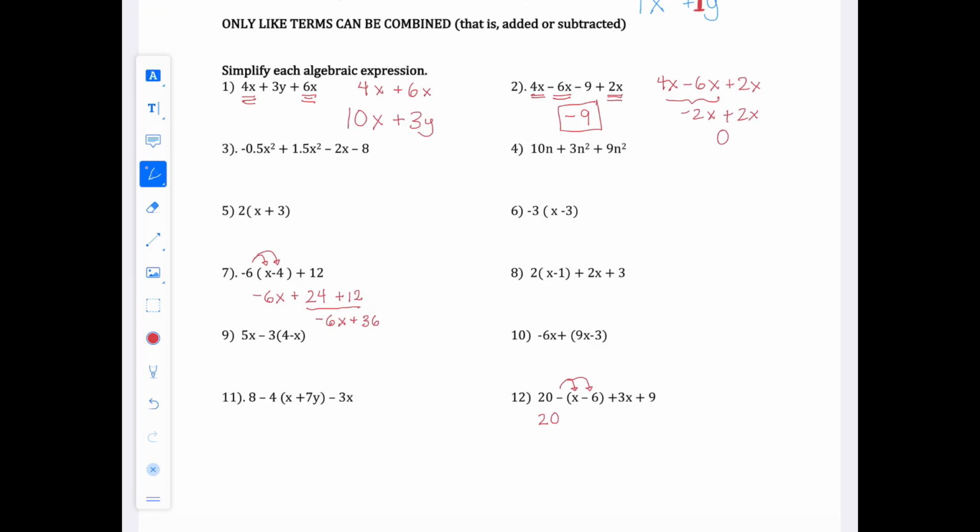That negative is the same thing as saying negative 1. So if I have negative 1 times x, that's negative x. I could also write that as negative 1x. If I have negative 1 times negative 6, a negative times a negative is a positive.